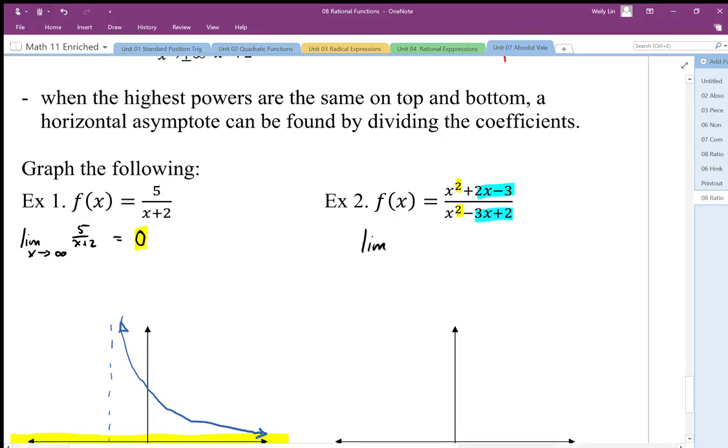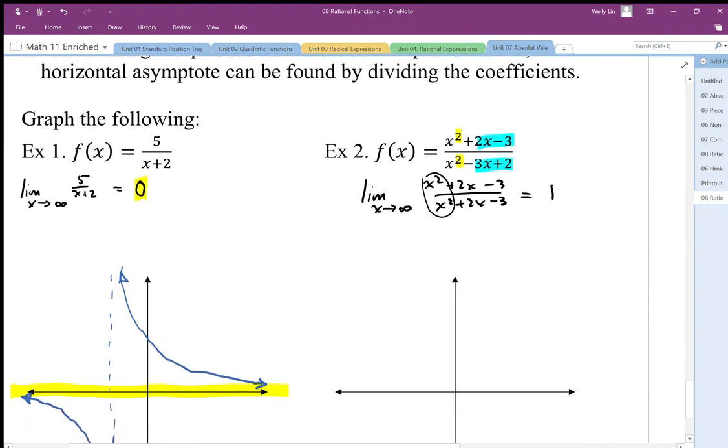So limit as x approaches infinity of x squared plus 2x minus 3 over x squared plus 2x minus 3. This really just becomes a ratio of x squared over x squared, which is 1. And the same argument can be made going to negative infinity, so we end up with a horizontal asymptote at y equals 1.